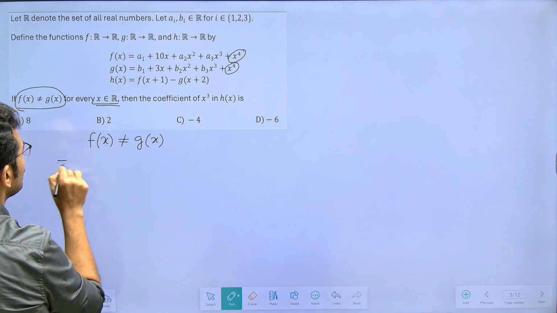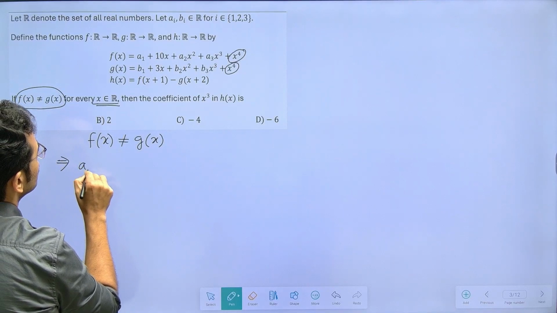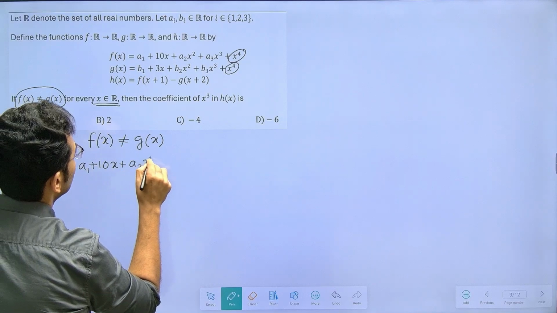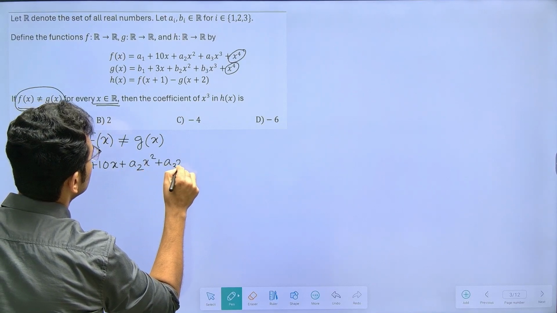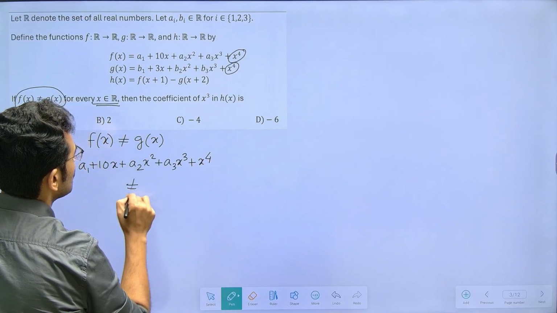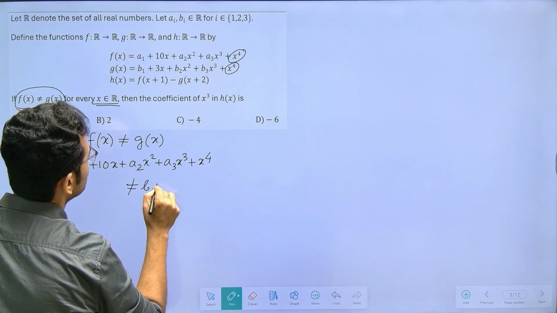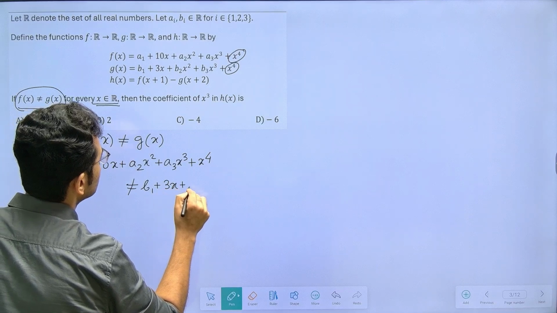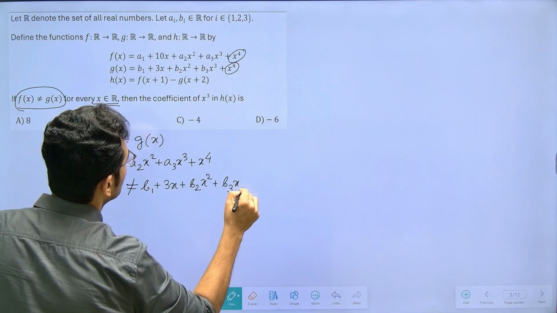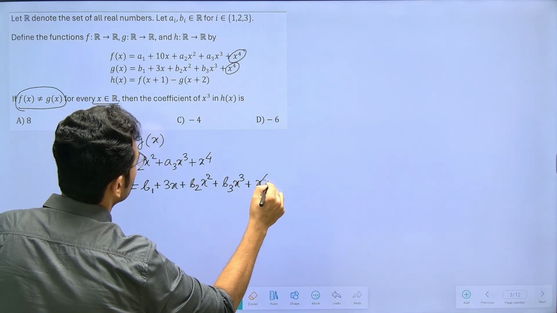So what does it mean? That means if we substitute f(x), a1 plus 10x plus a2x squared plus a3x cubed plus x to the power 4, this is not equal to g(x), which is b1 plus 3x plus b2x squared plus b3x cubed plus x to the power 4.